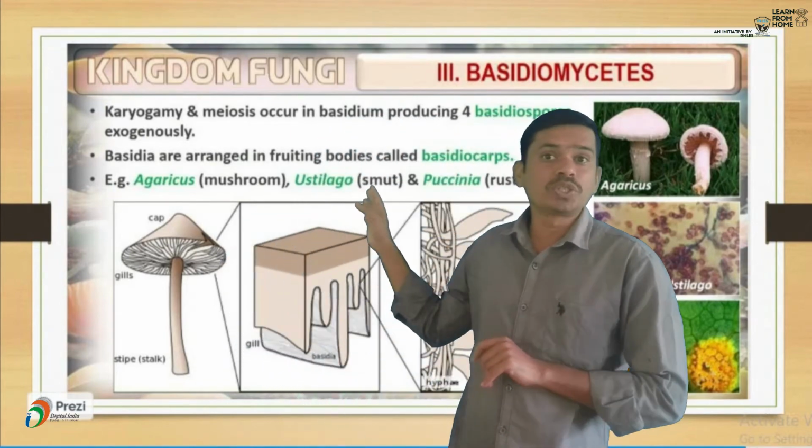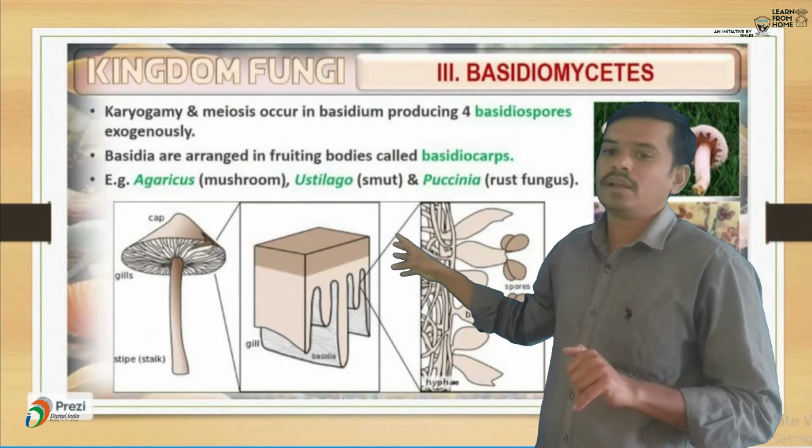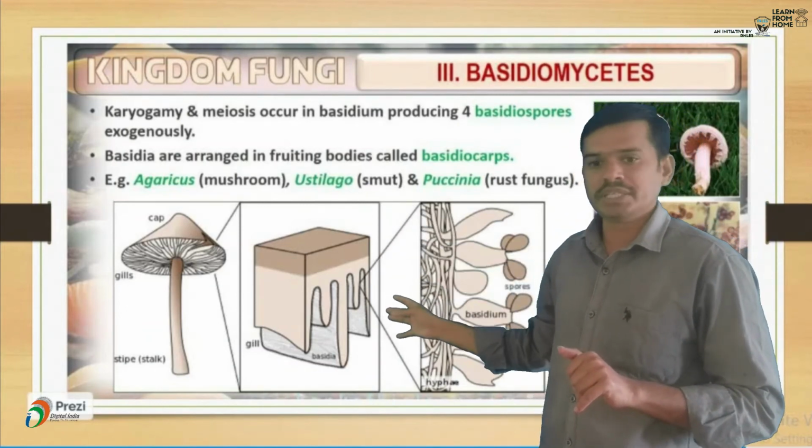How many spores are produced? Four basidiospores, produced exogenously.